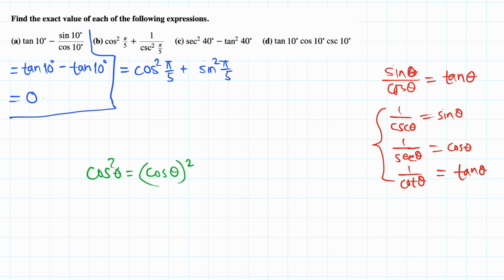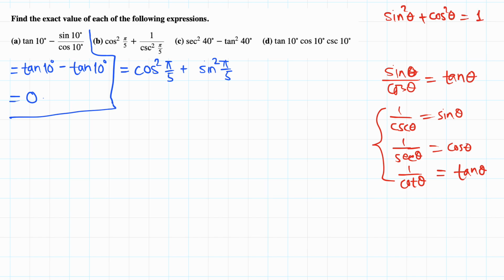Now we have cosine squared of an angle plus sine squared of the same angle. Then we know the Pythagorean identity. What is that? Sine squared theta, which is sine theta quantity squared, plus cosine squared theta, same angle, that will be 1.